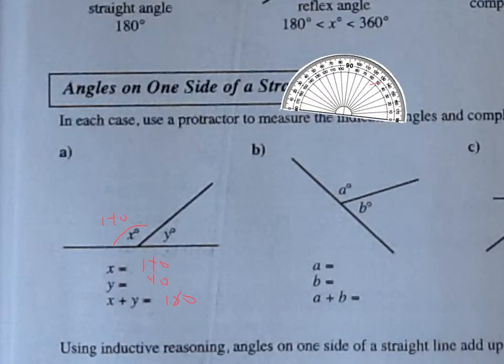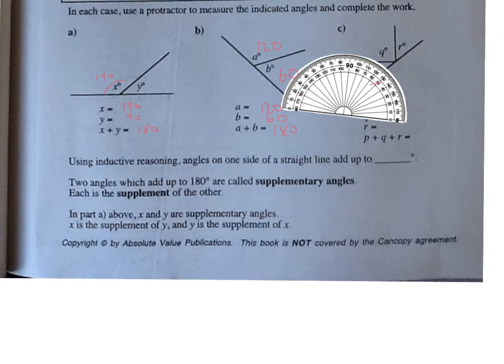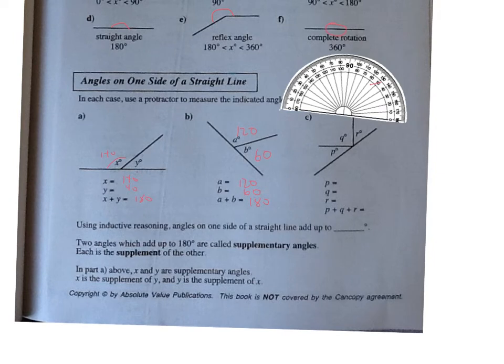So that's 120, and that was 60. So 120 and 60 together is 180. I'm not going to do the last one, but I'm sure you can figure it out. Angles on a straight line add up to 180 degrees. If they add up to 180, they're supplementary.